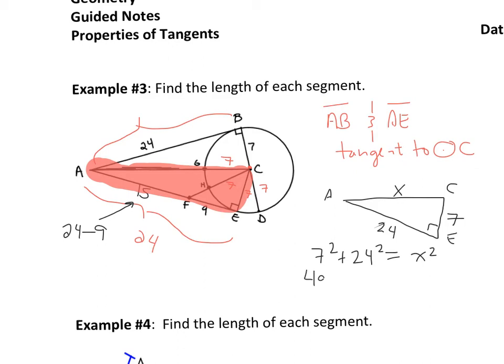So 7 squared is 49. 24 squared is 576. So if I add those together, I get 625 equals x squared. And so I will take the square root of both sides, which will leave me with 25.